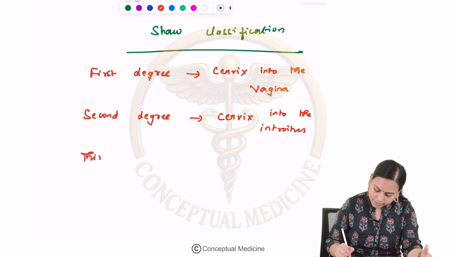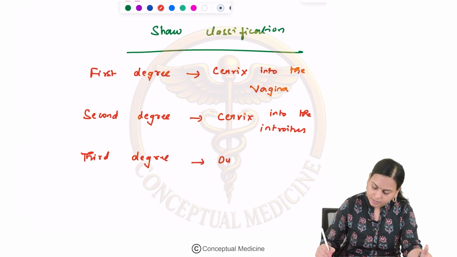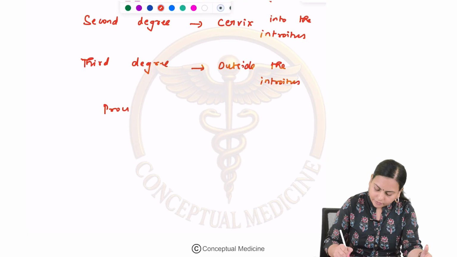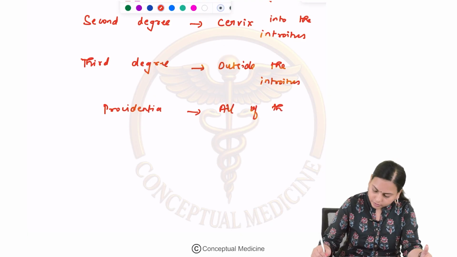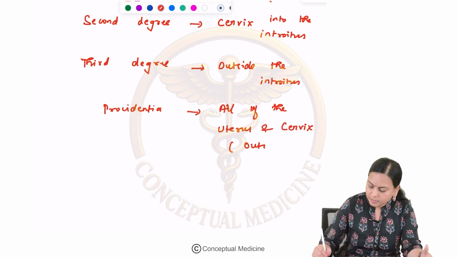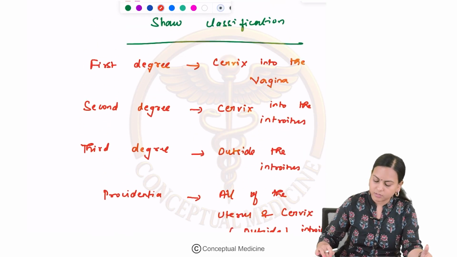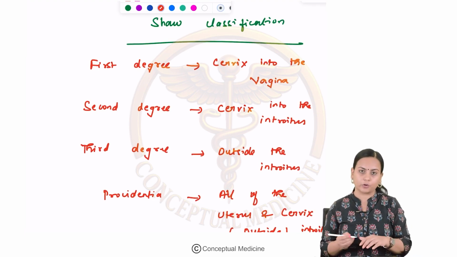Okay. Third degree prolapse means there is descent of the cervix outside the introitus. And finally, we have the term procidentia, where all of the uterus and cervix is going to lie outside the introitus. Clear? So, this is Shaw classification of pelvic organ prolapse.